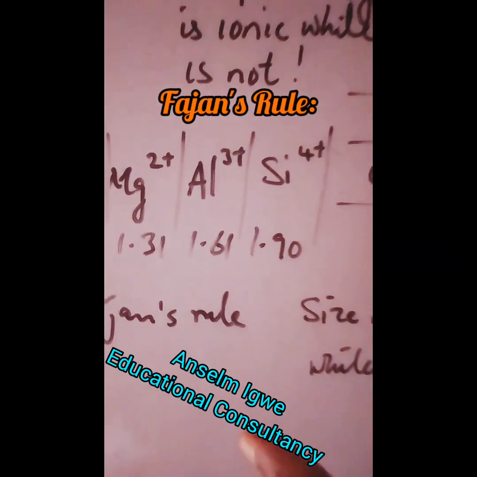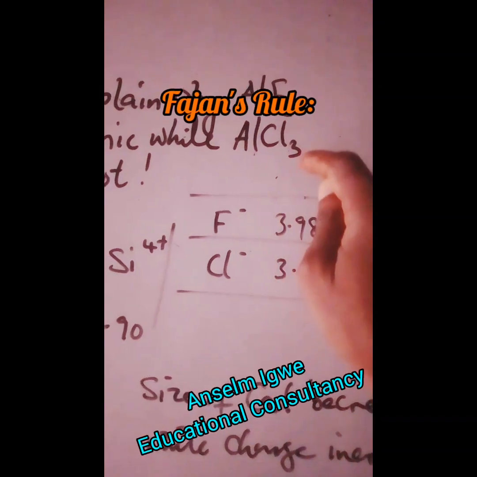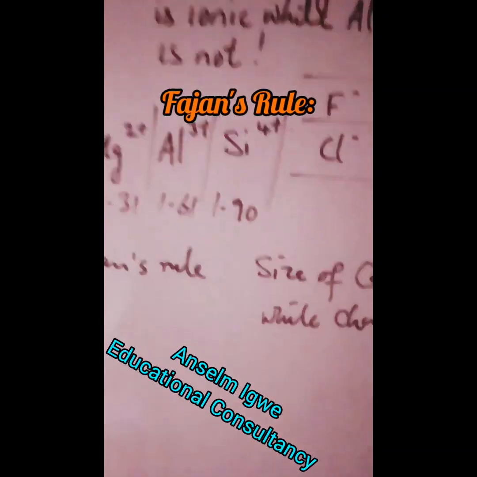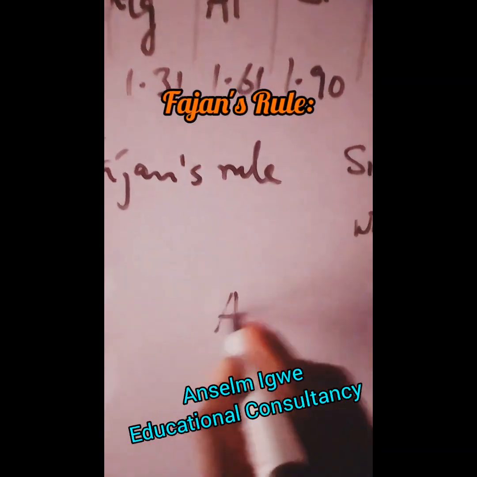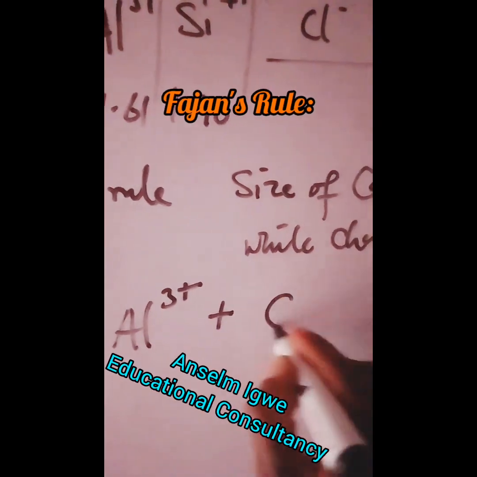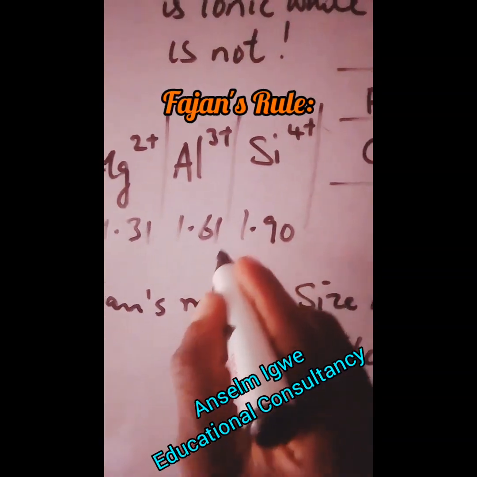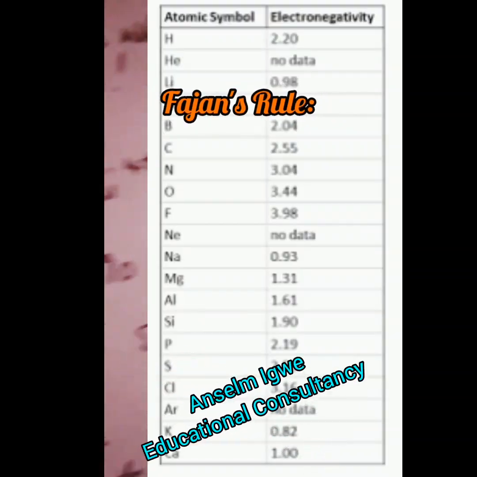Now, following this, let us investigate aluminium fluoride and aluminium chloride. Aluminium 3+ with chlorine 1-. You can see their electronegativity values 1.61 and 3.16.